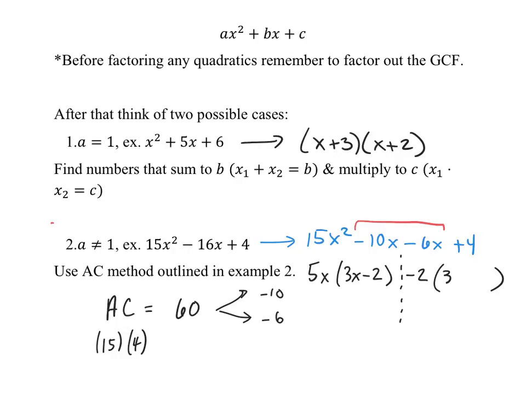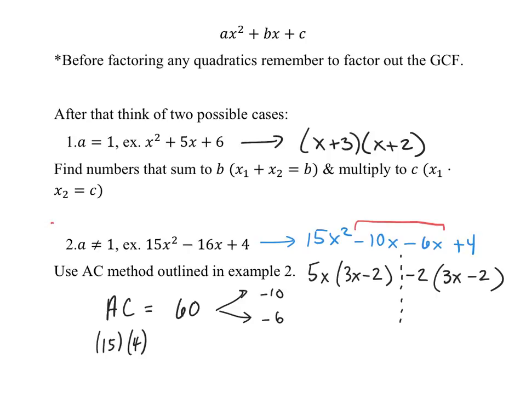And when you take out a negative 2, look at that. You're left with 3x minus 2. These will always be the same. If they're not, factor by grouping isn't working. If what's in the parentheses is not the same, it means that factor by grouping is not actually working for you. Now, if a factor is in both parts, right, there's 2 parts to this problem now, and 3x minus 2 is in both parts, we can factor it out.